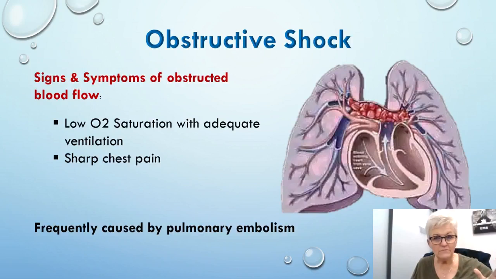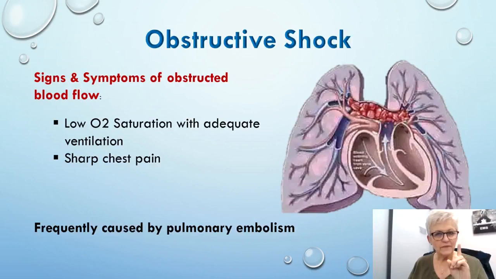Typically, this blood clot comes from someplace else in the body, moves to the heart. The heart pumps it out through the pulmonary artery because that's a big vessel. And as that pulmonary artery starts to get smaller, that clot gets stuck, which means blood cannot get to the lungs to pick up the oxygen.